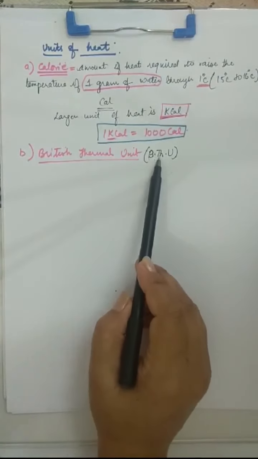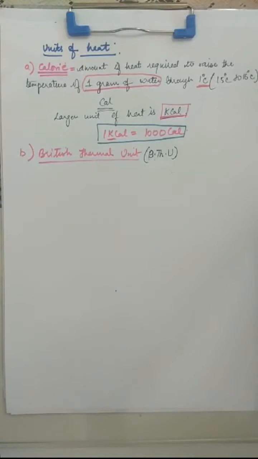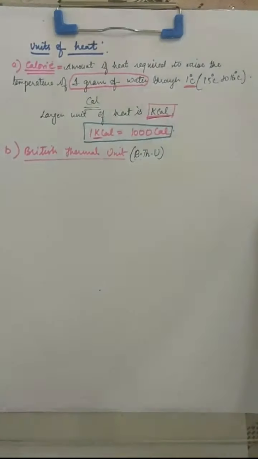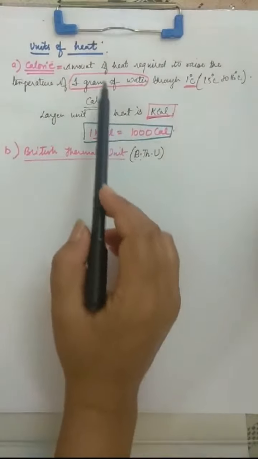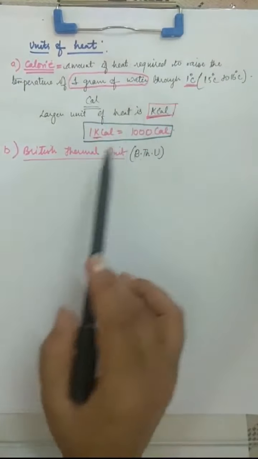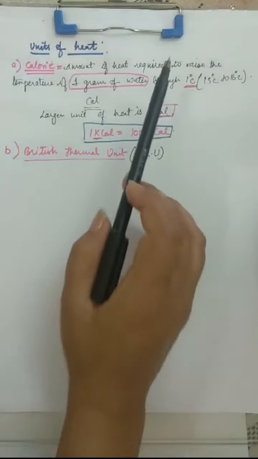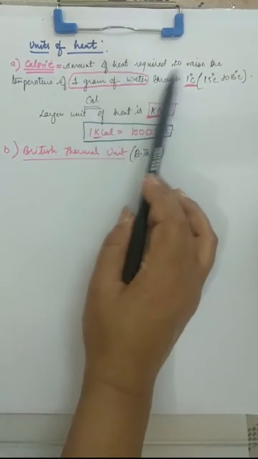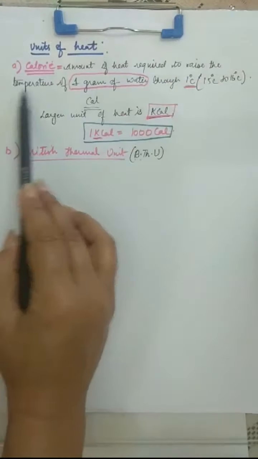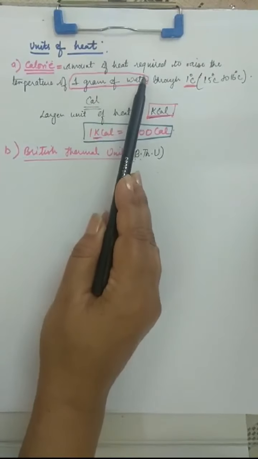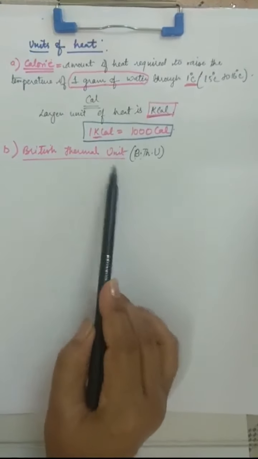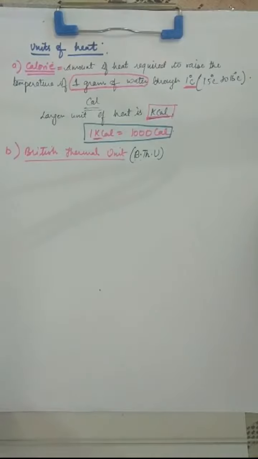It can be defined the same as calorie. Calorie is the amount of heat required to raise the temperature of 1 gram of water. Same in British thermal unit. It is the amount of heat required to raise the temperature of, instead of 1 gram of water, here we are writing 1 pound of water. Clear?